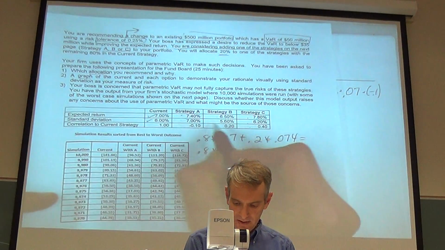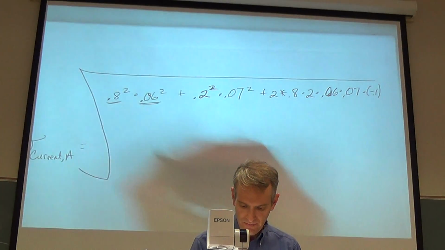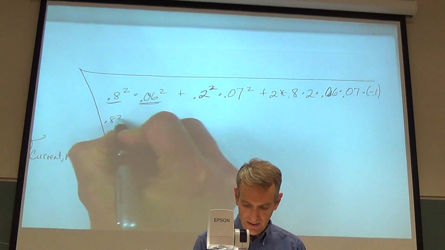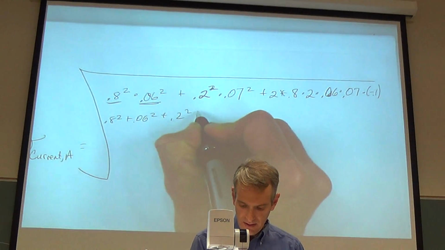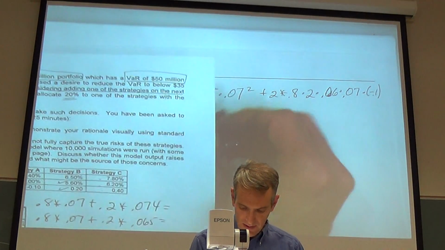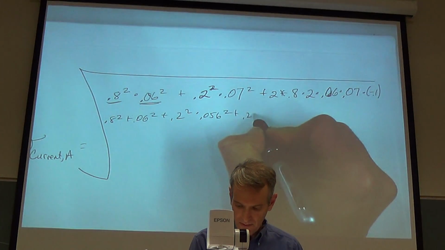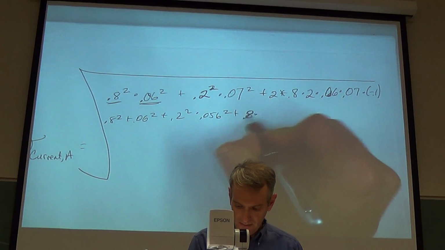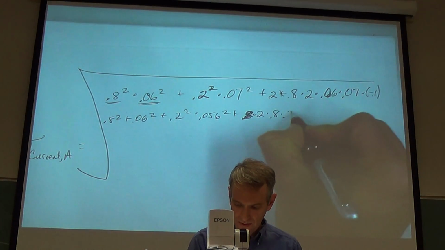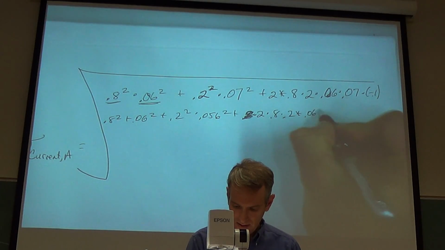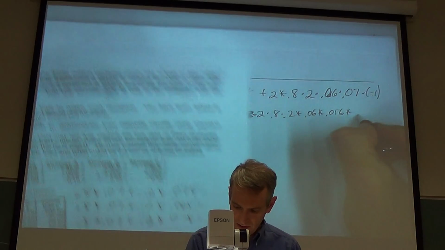The risk for B is 5.6, and the correlation is 0.2. So 0.8 squared times 0.06 squared plus 0.2 squared times 0.056 squared plus 2 times 0.8 times 0.2 times 0.06 times 0.056 times positive 0.2.